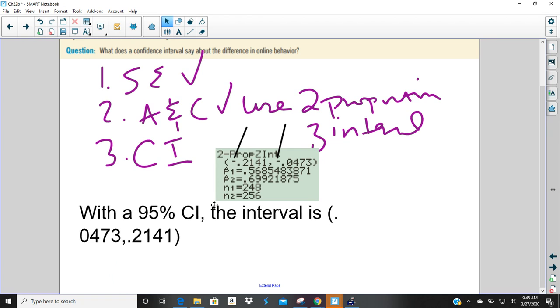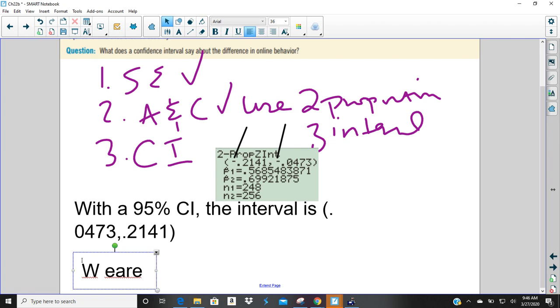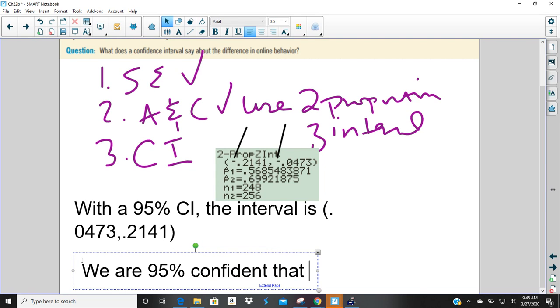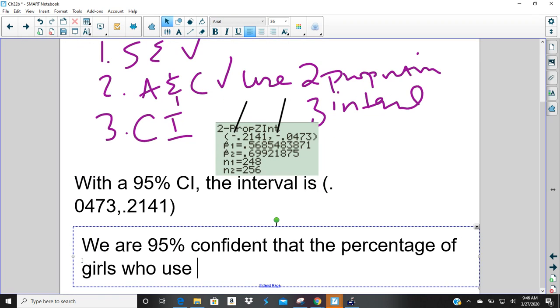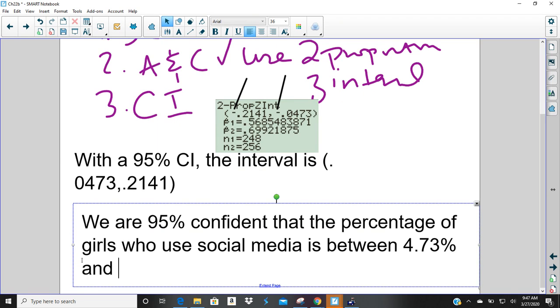Because I want to say that at the same time. So I'm going to say we are 95% confident that the percent of girls who use social media is between 4.73% and 21.4% higher than boys.